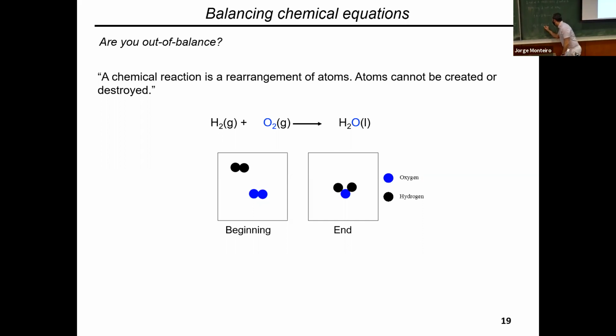So if we look here, there are 2 atoms of oxygen before and just 1 after. Therefore, to balance the oxygens, we are going to add a number 2 in front of water. Okay? So now this number 2 will multiply the number of atoms for each element. So now we have 2 oxygens. Okay? So therefore, this is balanced. And 2 times 2 for hydrogens.